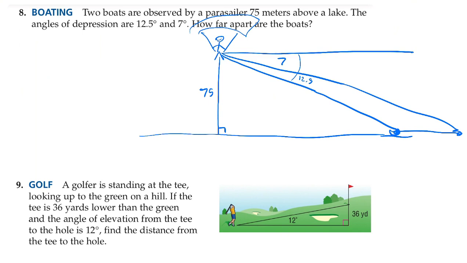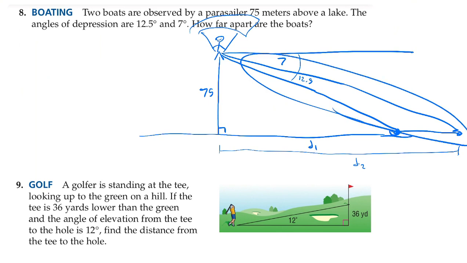Well, really what it's saying is what's the distance to the first boat, and separately what's the distance to the second boat, and then we just subtract, right? So we cannot use trig yet in a non-right triangle. So in this slanty triangle, you don't do any sort of tangent or sine in that slanty little weird triangle. Instead, we draw two separate triangles.